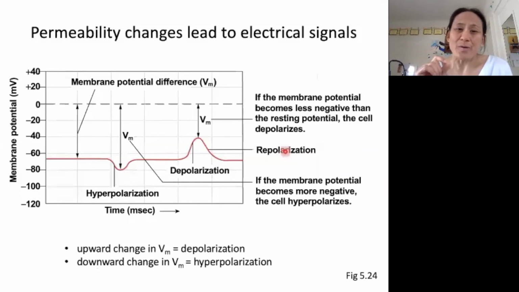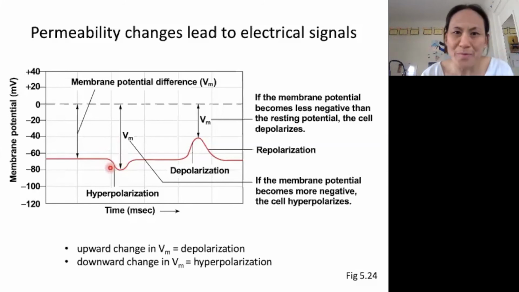So taking a closer look at these electrical signals, I just want to introduce some vocabulary to you here. But first, to orient you, we have a graph here showing membrane potential on the y-axis and time on the x-axis. We're starting off at our resting membrane potential here. And then somewhere around here, we have some ion channels open or close.